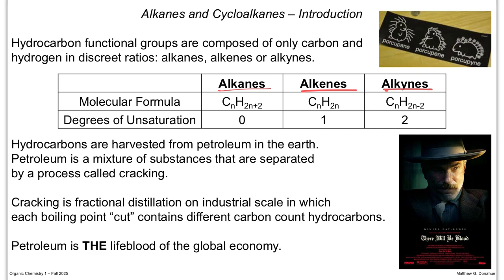So we're going to use different terms as applied to these. So alkanes are saturated. And when I use that term, you should think of sp3 hybridized carbon atoms that have 4 sigma bonds. And alkenes and alkynes are unsaturated.